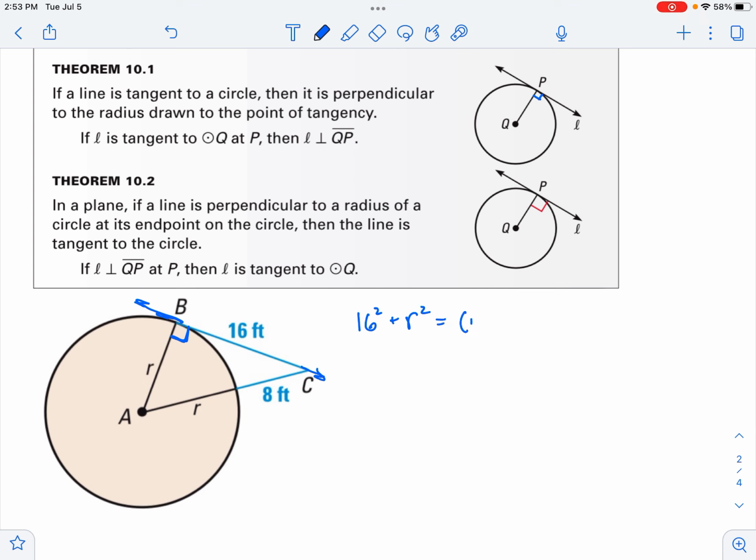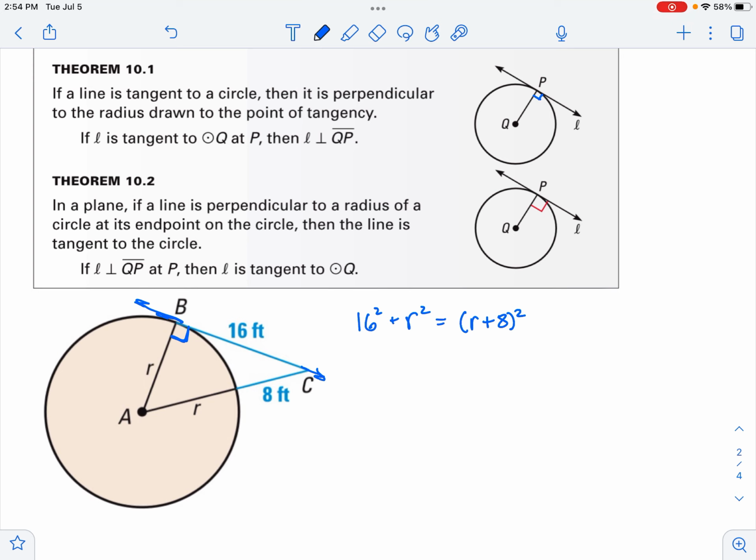Well, the hypotenuse is r plus 8. Knowing that BC is a tangent tells us this is 90 degrees, so it's a right triangle.